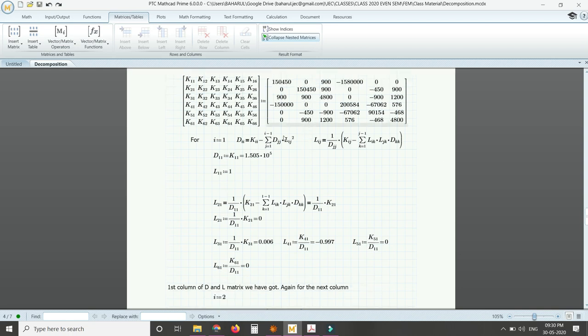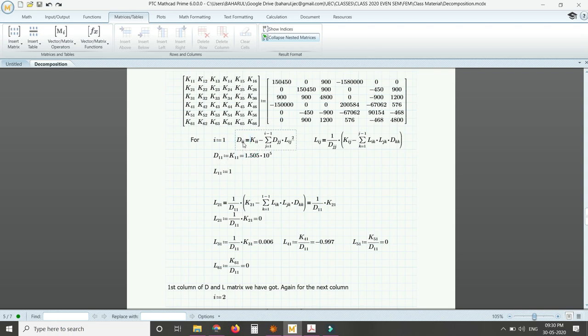Now for i equal to 1, that means for the first column, the first thing that I want to find out is d11. We have these two general equations. The first is d11.